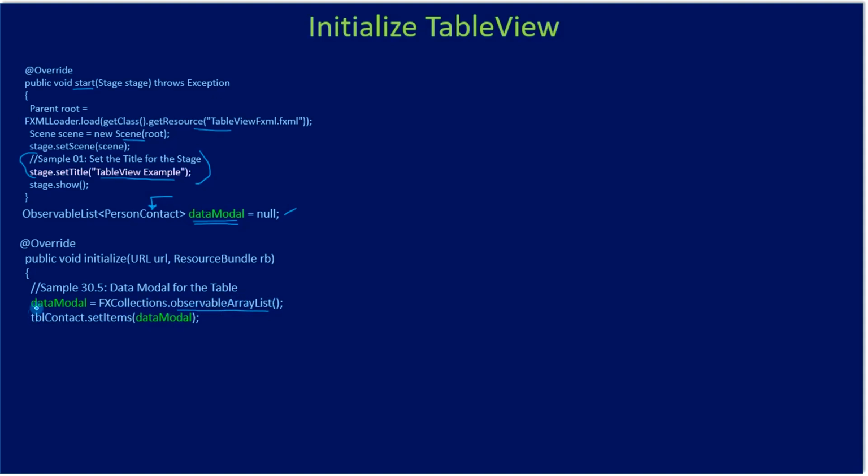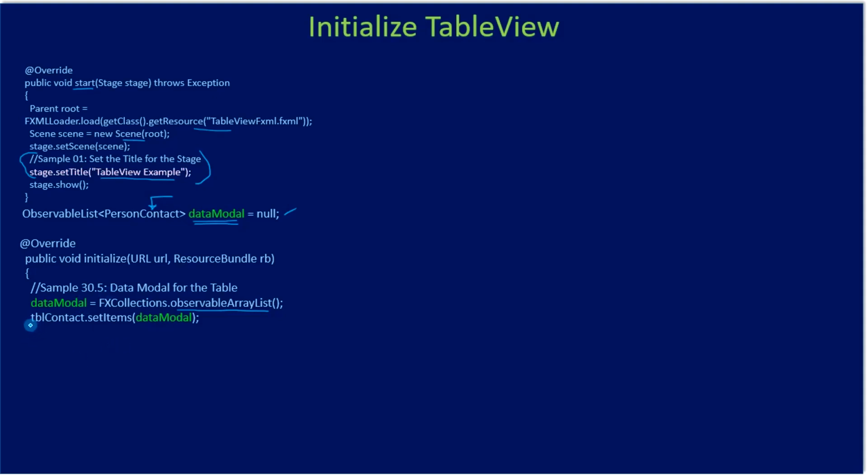So now this data model is an observable array list of PersonContact instances. Using this data model, you can create instances of PersonContact and add them one by one. So if you want to store 5 persons' contacts, you can create 5 instances of PersonContact, populate the members, then add them to this data model collection.